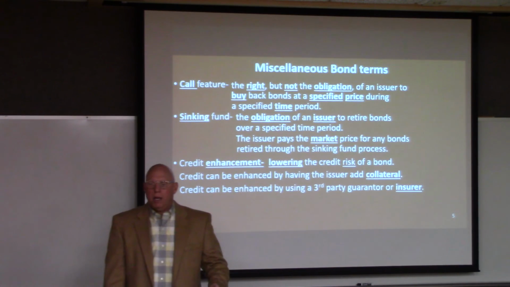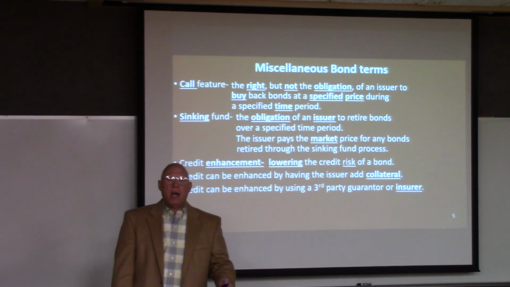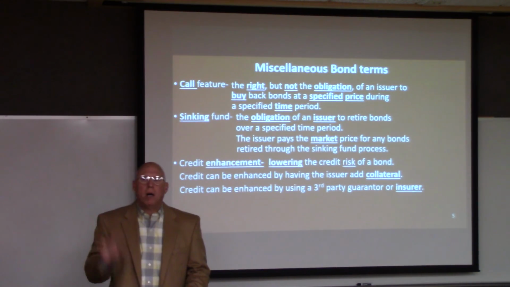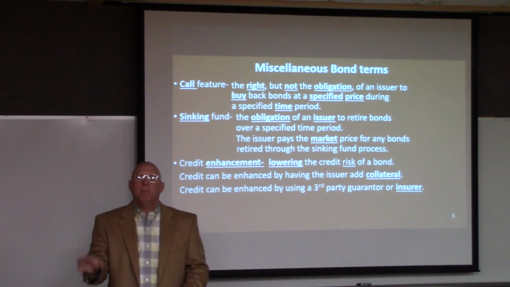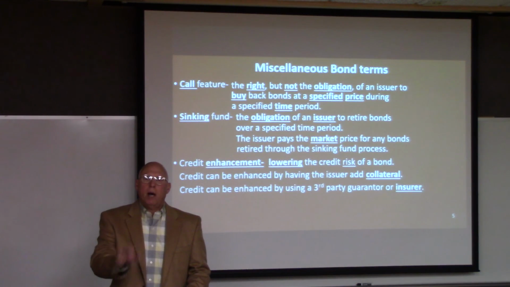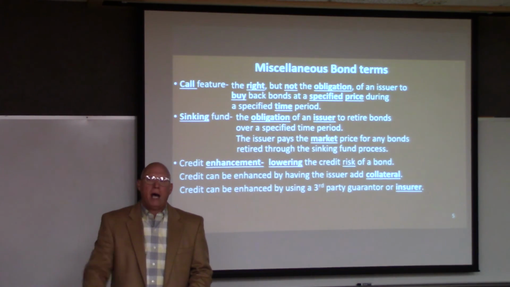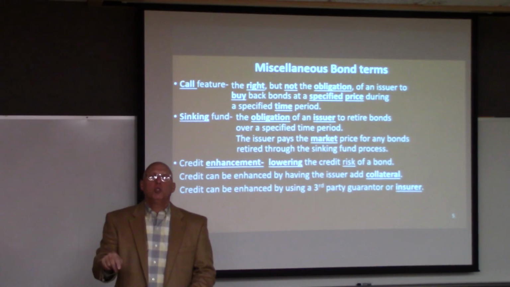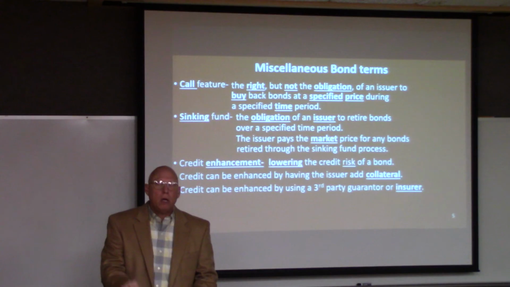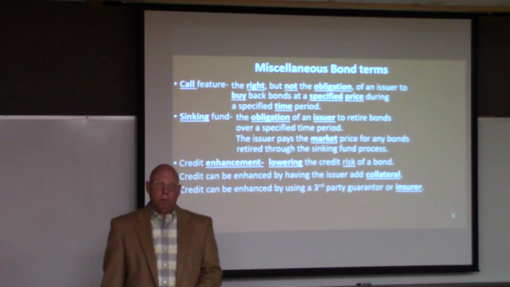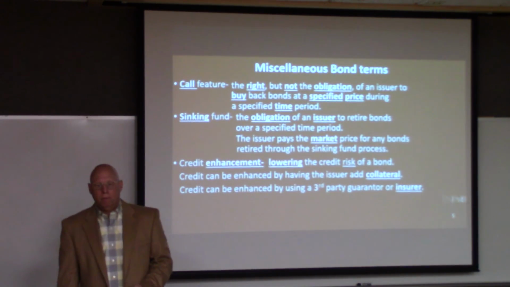Or credit can be enhanced by using a third-party guarantor or an insurer. So an insurance company can write a policy on a bond that says to the bond owner, if you buy this bond and the issuer does not pay you back, we, the insurance company, will pay you back. And so the bond issuer pays the premium to the insurance company to insure the bond.